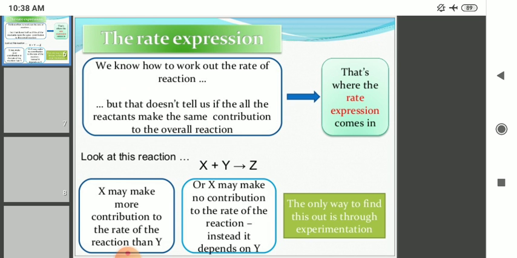Look at this reaction: X plus Y gives Z. Here X may make more contribution to the rate of the reaction than Y. Or X may make no contribution to the rate, and instead it depends on Y. The only way to find this out is through experimentation. Through experimentation we can find the corresponding rate expression for that particular reaction.